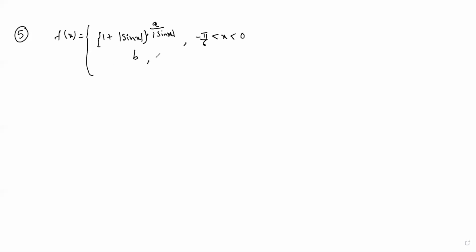Next they have given b when x equals 0. The next one is given as e power tan 2x by tan 3x, when 0 less than x less than pi by 6.